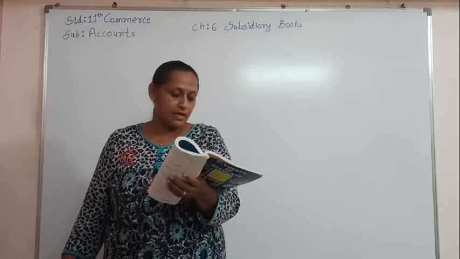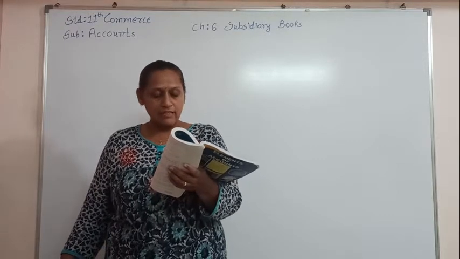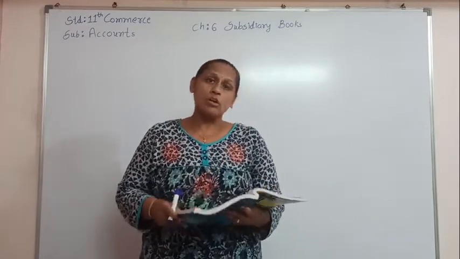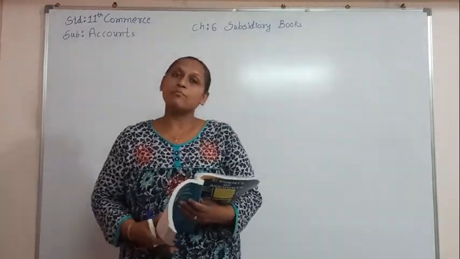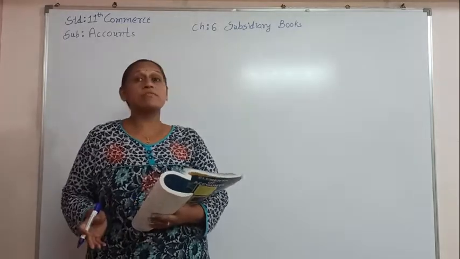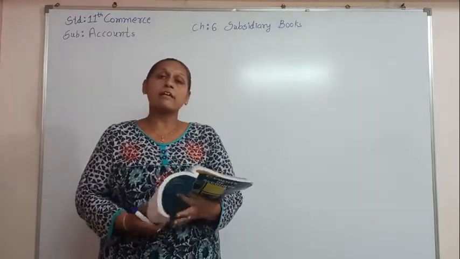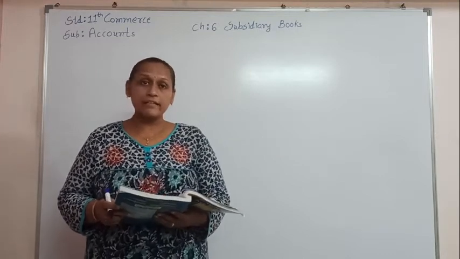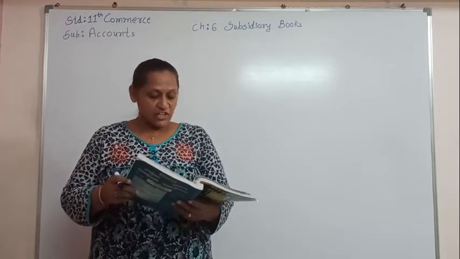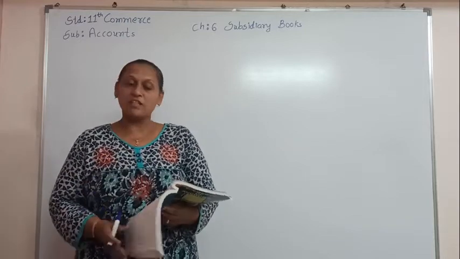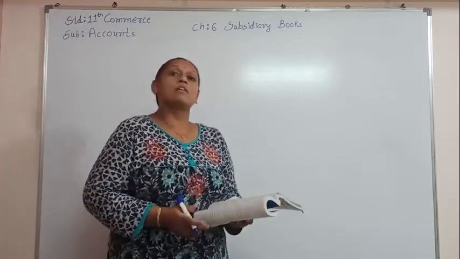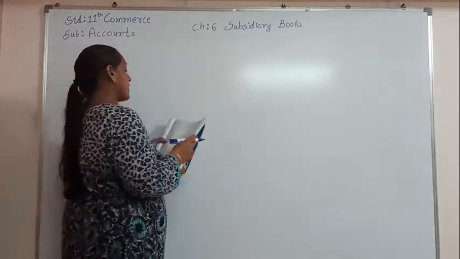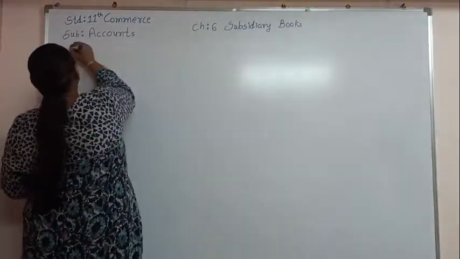Sriji Furniture Mart deals in the purchase and sales of table, chair and cupboard. So here we are going to prepare the column or purchase book according to types of goods. Sriji Furniture Mart is in the business of furniture, selling table, chair and cupboard, as given in the example. So let's prepare the column or purchase book of Sriji Furniture Mart.